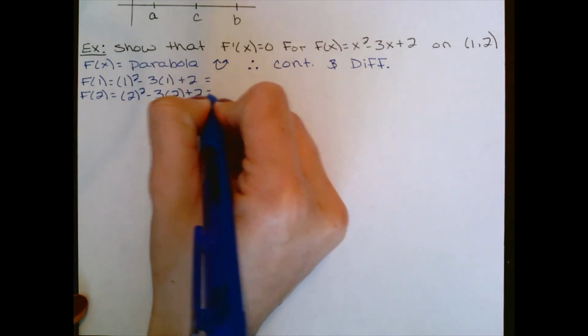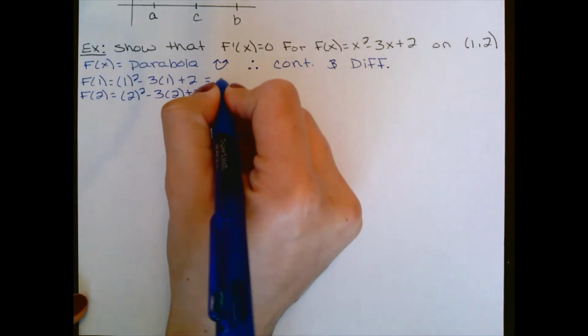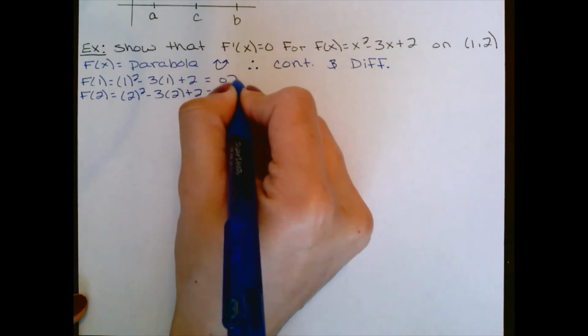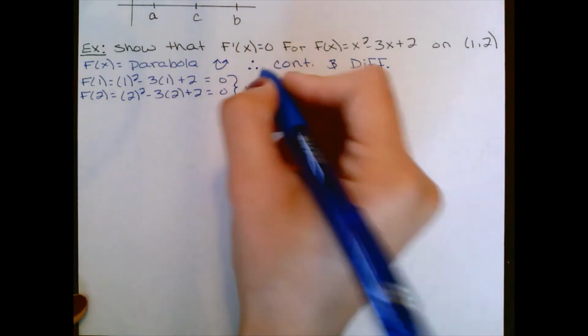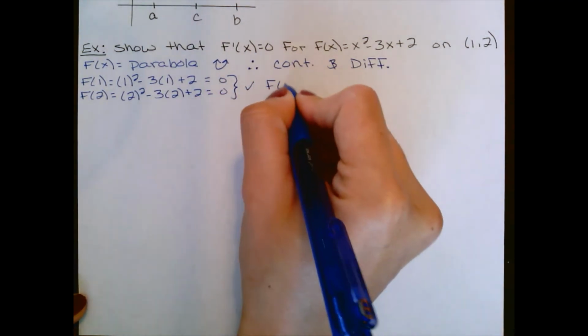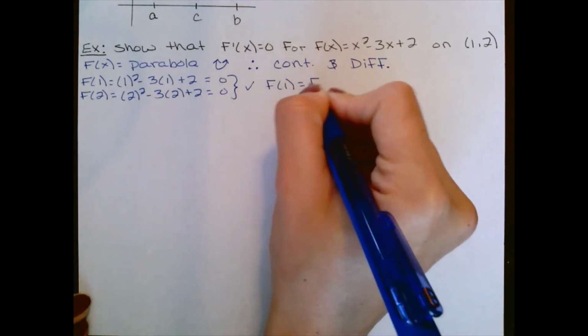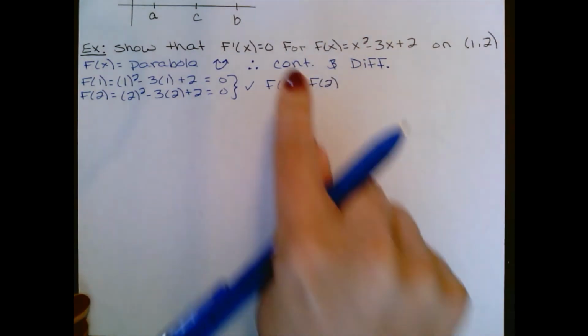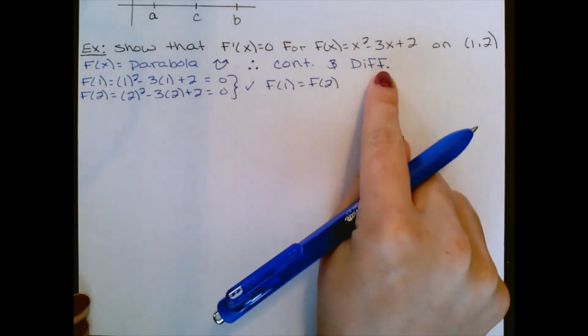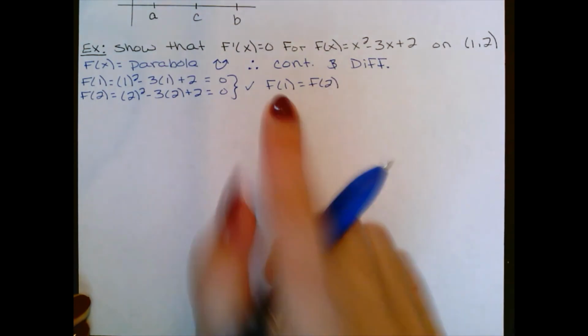And when you clean these both up, they both end up giving you 0. So check mark, f of 1 is equivalent to f of 2. So I proved it was continuous, I proved it was differentiable, and I proved that the y's were the same.